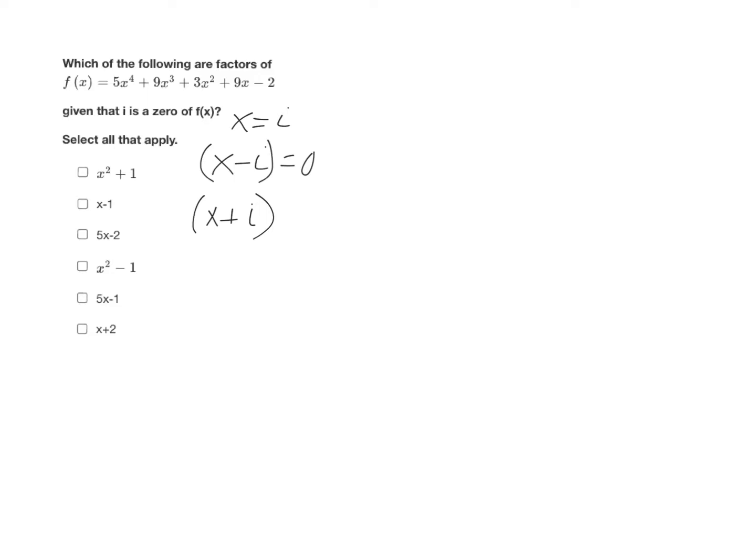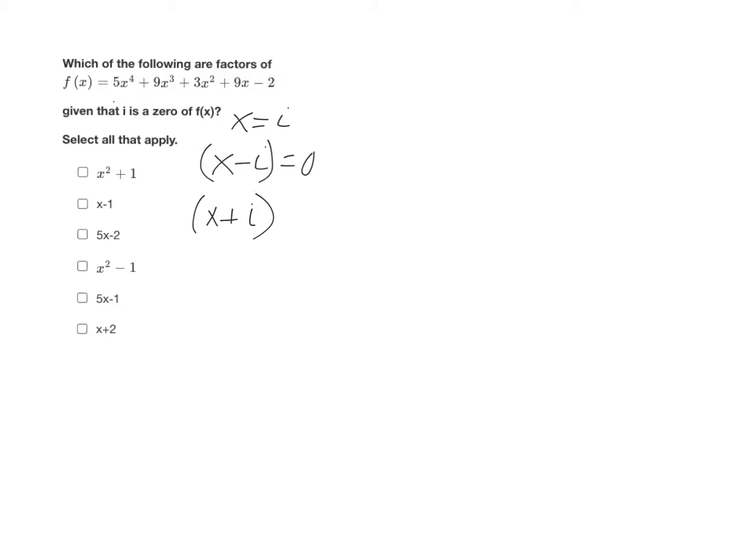And so if I know those two factors, by definition of being a factor, that means that it divides evenly into this thing. It's hard for me just to try to factor this. I'm not sure how I would start that. But I know that these are factors, so they must divide evenly into this.